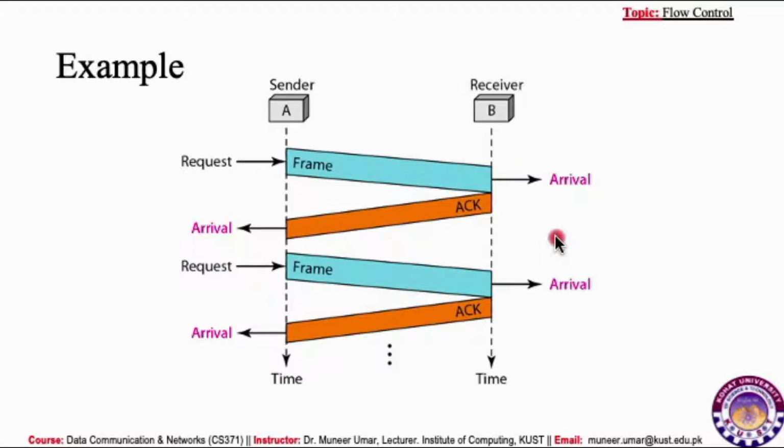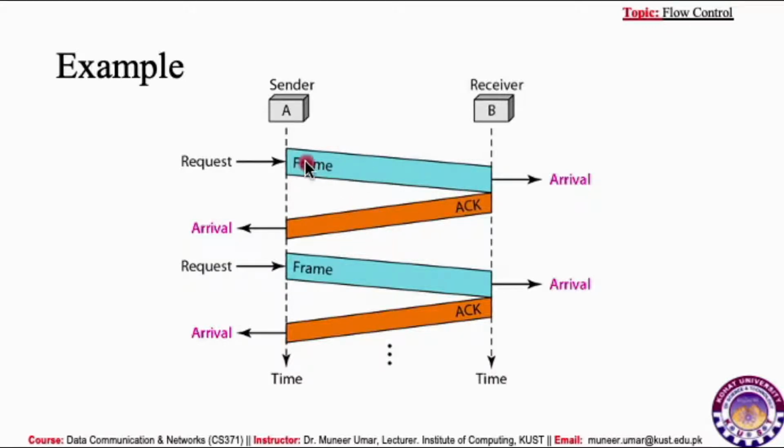In this figure, we have stop and wait protocol. It is also simple. The sender sends a frame to the receiver, and then the receiver acknowledges the reception of this frame. We can say that the receiver sends another frame to the sender, and the type of that frame is ACK, or acknowledgement.